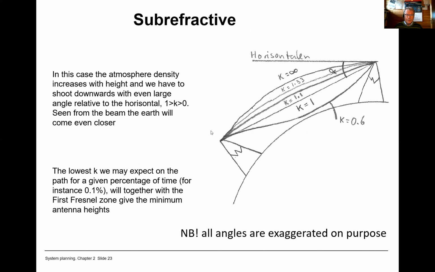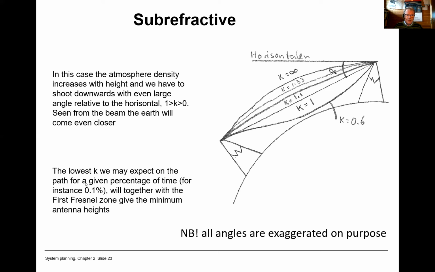And if we have this very strange phenomenon that the density increases with height, which can happen from time to time, then you have a k which is 0.6, and you have to shoot downwards in order to reach the other antenna. Of course, that will make the Earth look like it is going very close to the beam.